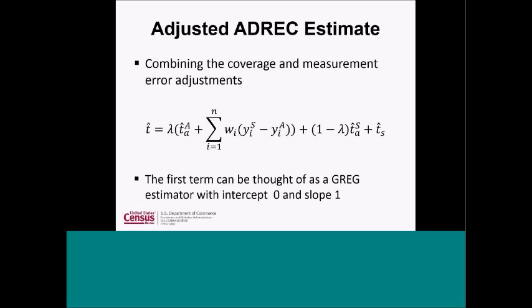Actually, that inside part on the left ends up being a GREG estimator with an intercept of 0 and a slope of 1. So basically substitution.